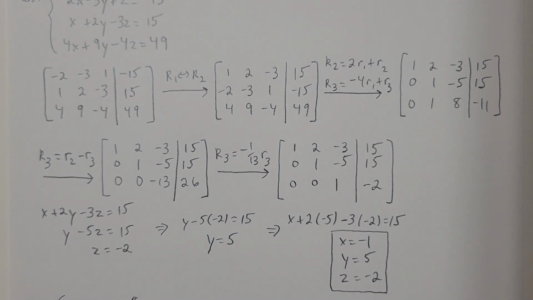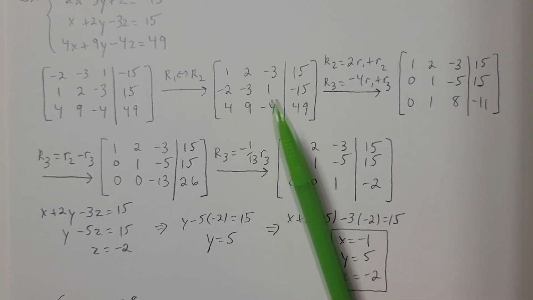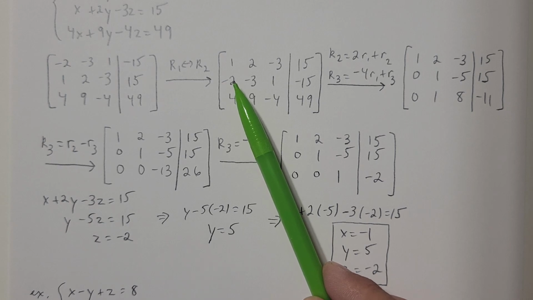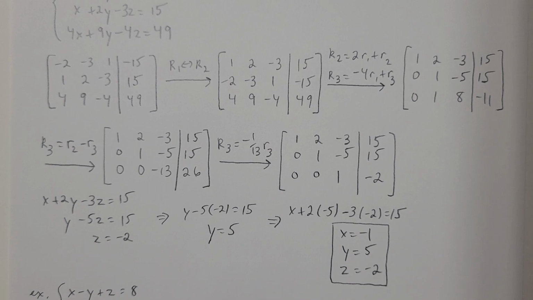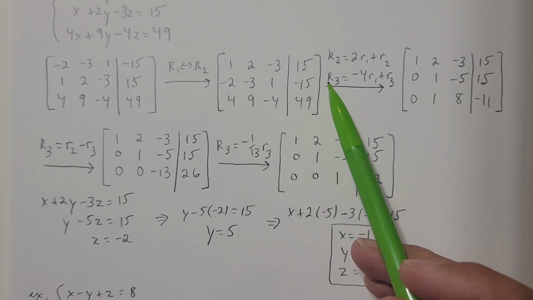So anyway, let's continue on. We got this matrix here. Directly below this 1, I need a 0 here and a 0 here. I'm going to do kind of 2 steps in 1, and we need a new row 2 and a new row 3.